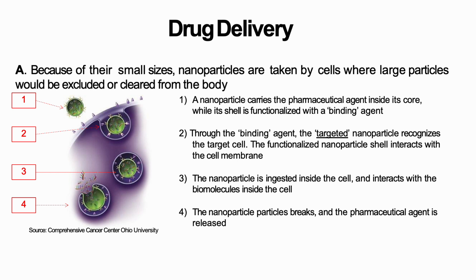So I'm going to read the explanations for the endocytosis that we see here. Step number one: a nanoparticle carries the pharmaceutical agent inside its core, while its shell is functionalized with a binding agent. Now you see very well that we can have different binding agents.